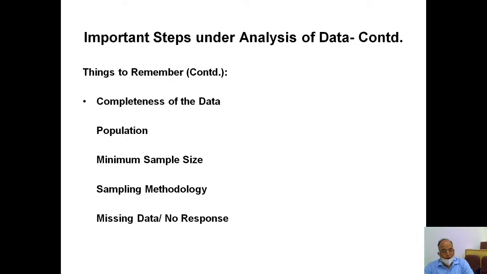Now another issue while dealing with data analysis, after the scale of measurement is finalized for every covariate, is the question of the completeness of the data. Like one variable is available on the whole sample, another variable is available only on 90% of the sample, a third variable only on 80% of the sample, and likewise.